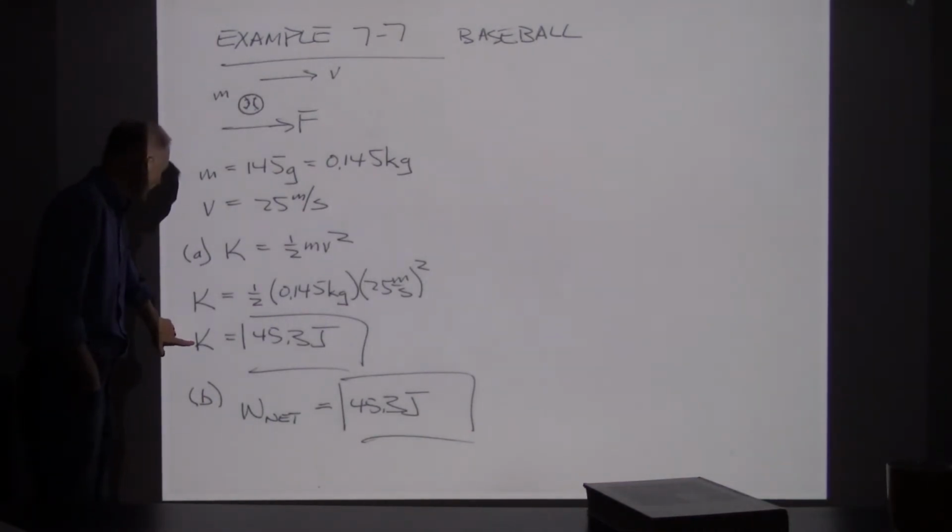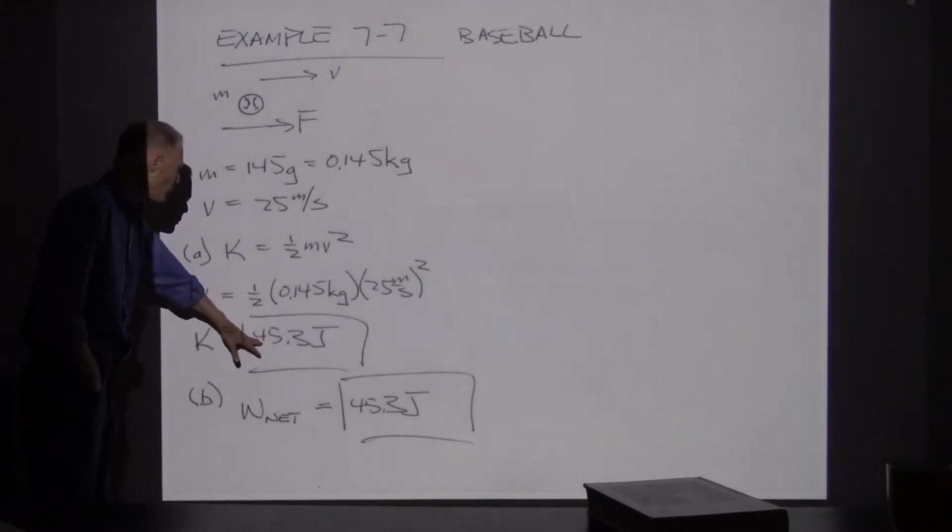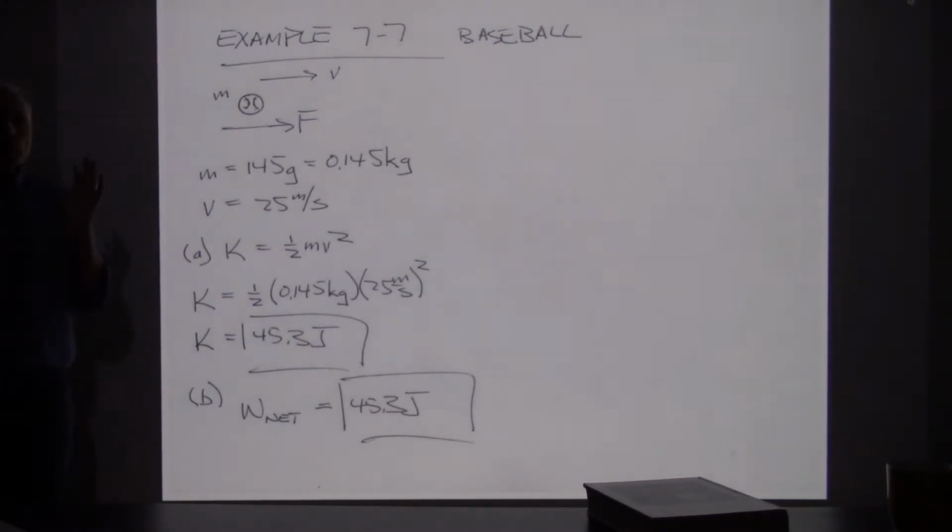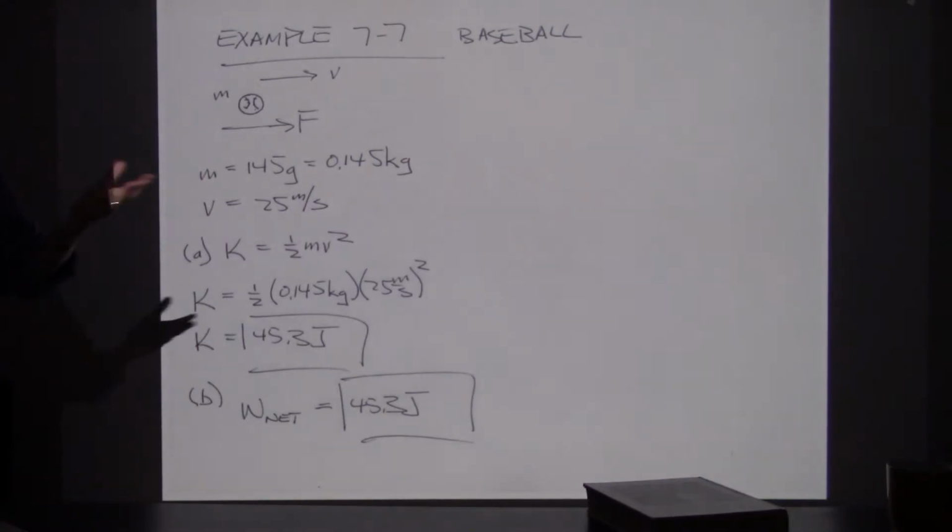Plugging everything into the kinetic energy formula, I got 45.3 joules. So this baseball, traveling at 55 to 60 miles an hour, has a kinetic energy of 45.3 joules.